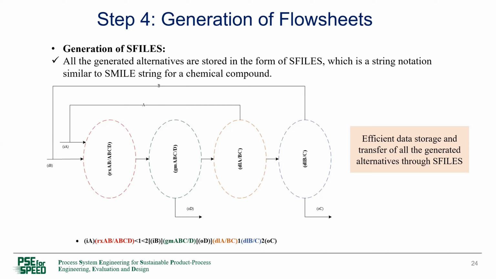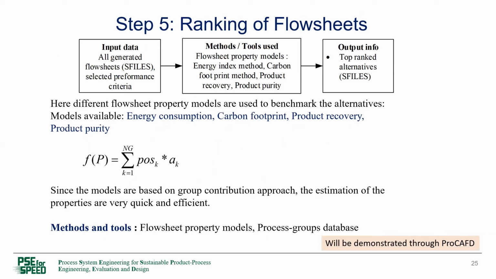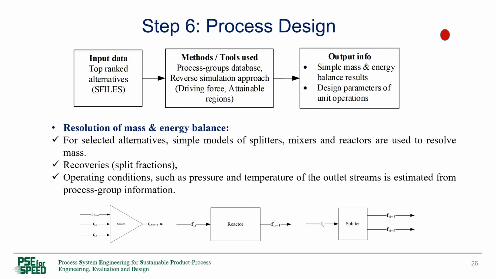It will generate with the combination rules. So I've already talked about this. And there are different mixers and reactors and splitters in terms of how many streams they may have. We can give those things.